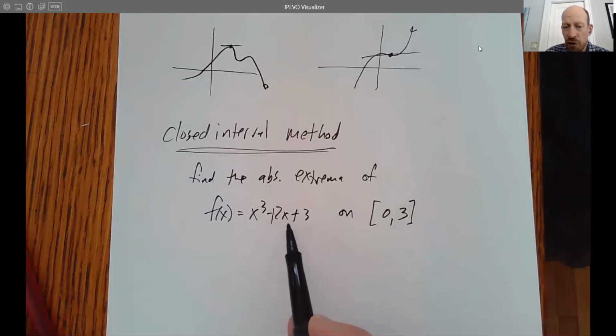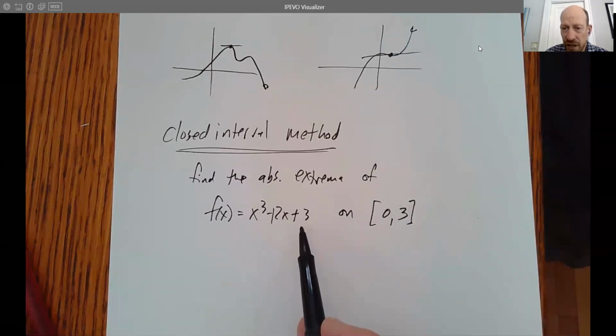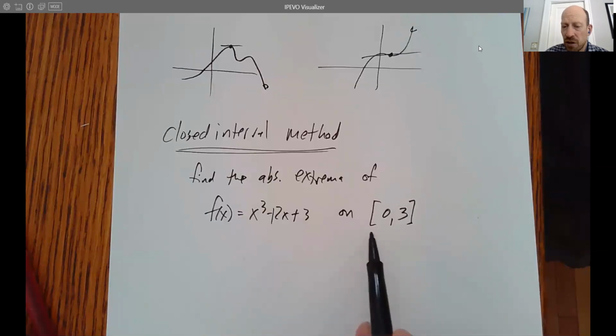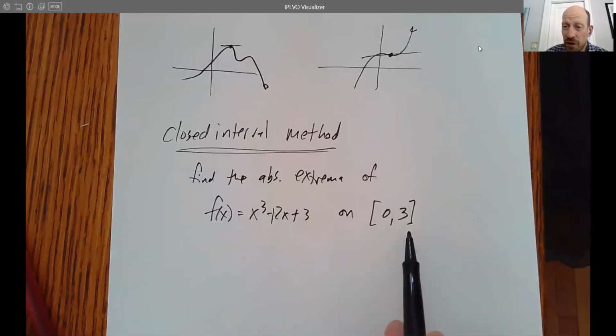Notice this is a polynomial, so it's certainly a continuous function, and we're looking on a closed interval. So that tells us by the extreme value theorem that there is a min and a max, an absolute min and a max out there. And that's important. If I'm not guaranteed a min or a max, this method won't work.